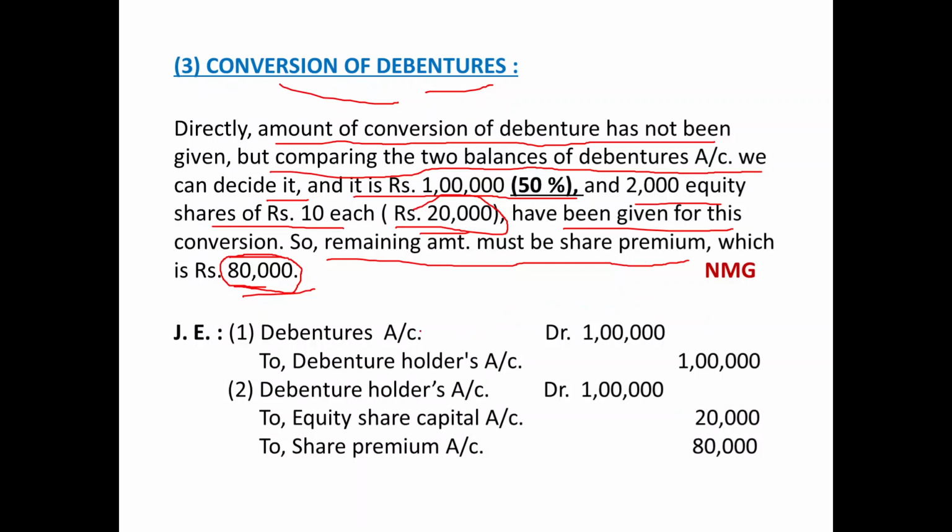Let us pass the journal entry. Number 1. Debentures account debited rupees 1 lakh to debenture holders account credited rupees 1 lakh.